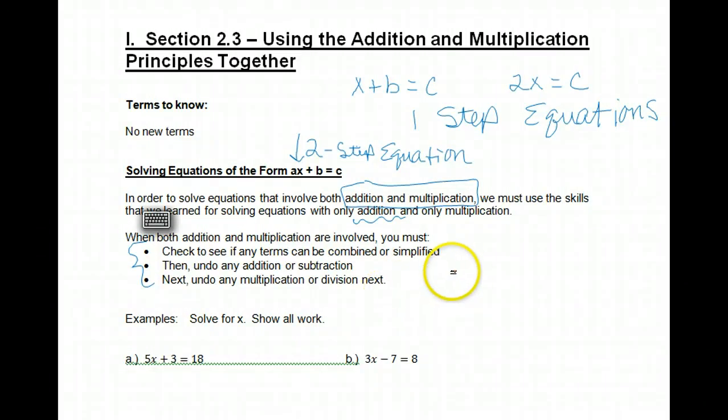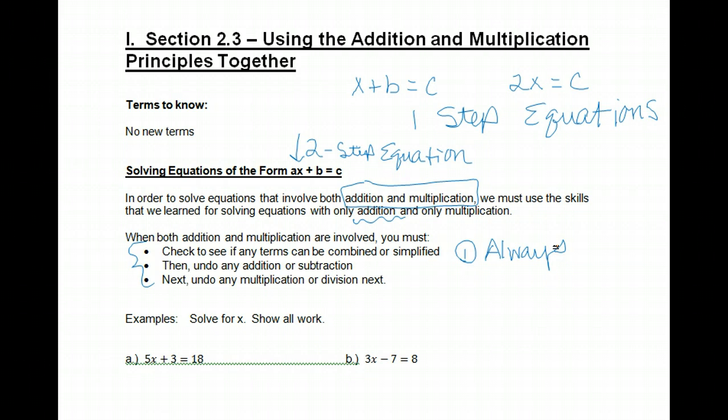So the very first step, which is always your first step every time you encounter any type of equation, no matter what it is, is to check and see if any terms can be combined or simplified. This is always your number one step. I don't care what type of equation you're solving.